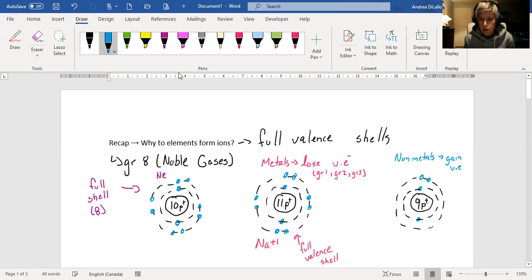Now, in this case, fluorine needs to add electrons to get a full valence shell, because right now, fluorine has 9 protons, 9 electrons, and 7 electrons on its last shell because it's in group 7. So to gain a full last shell, it needs to add electrons. If we add an electron here, it now has a full valence shell.